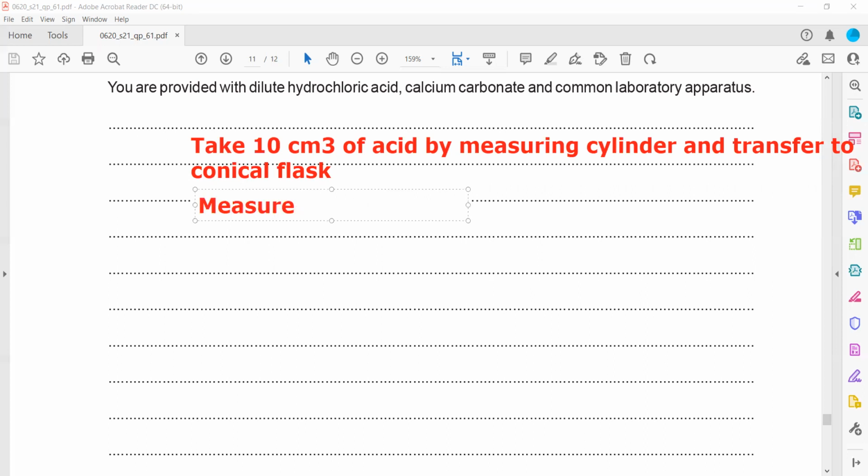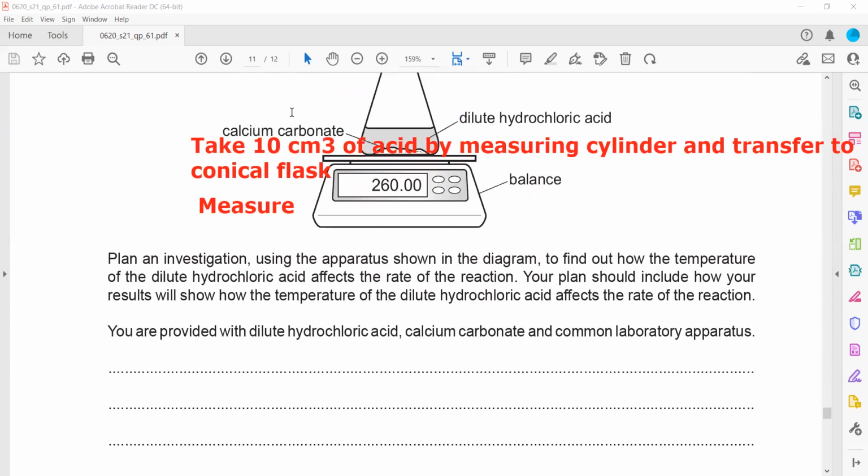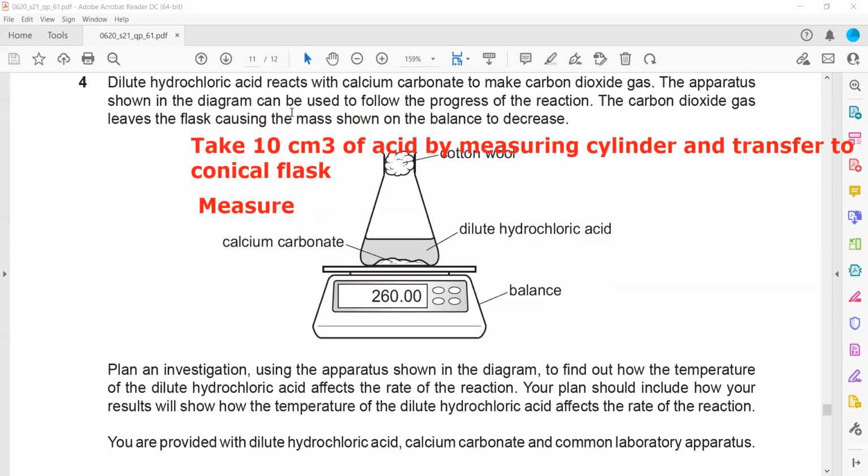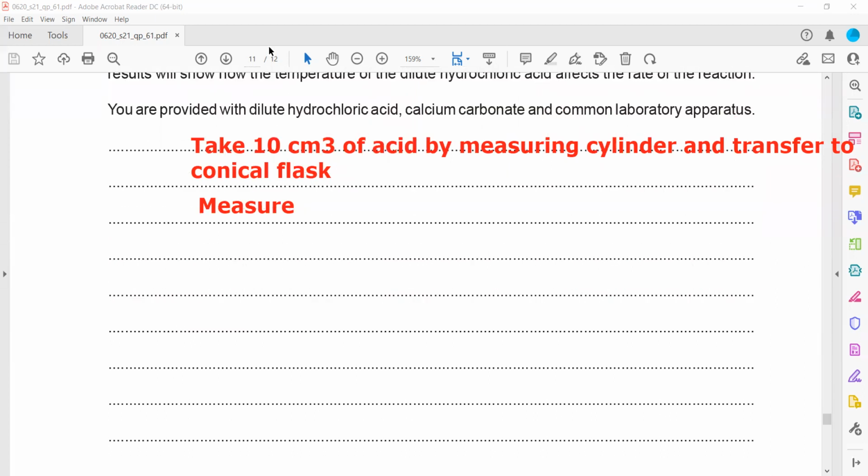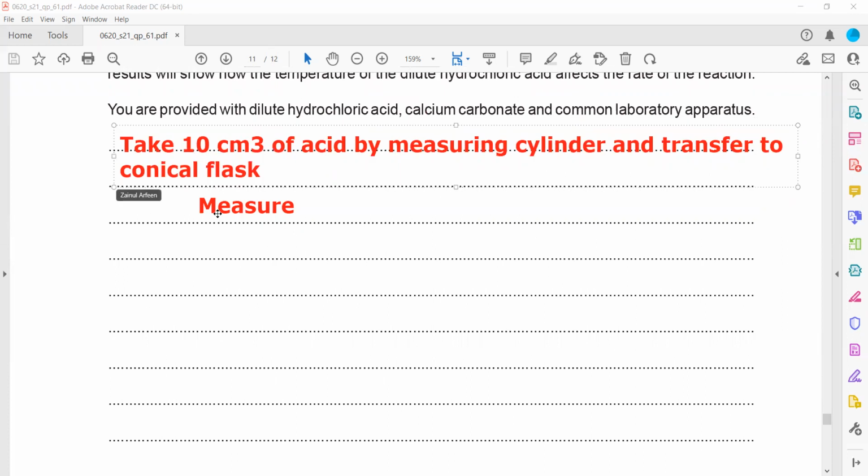So the second part, we can mention: measure the mass of calcium carbonate by balance.